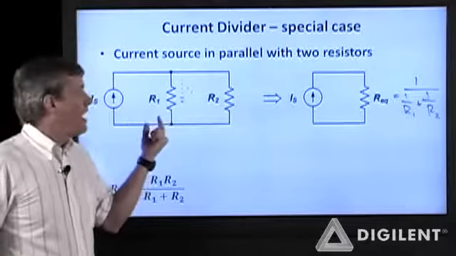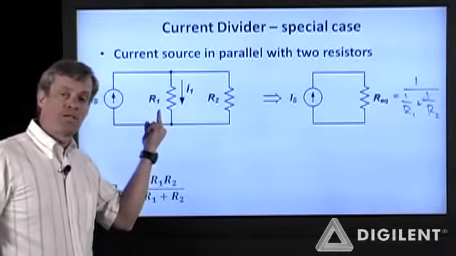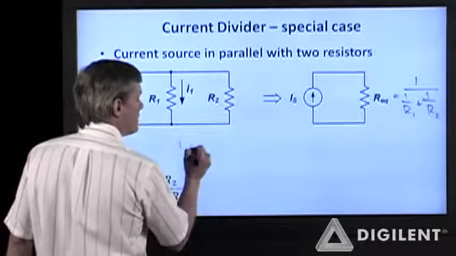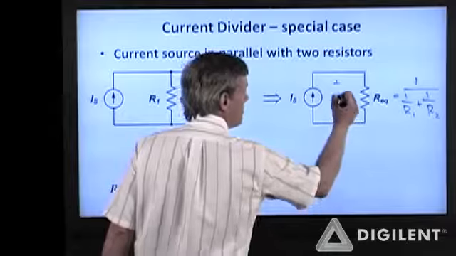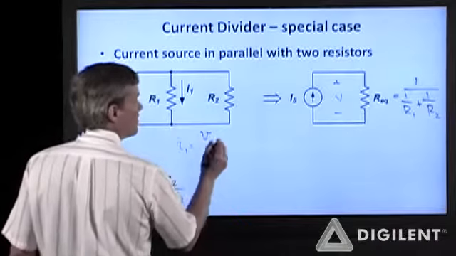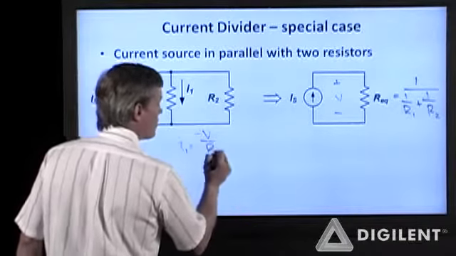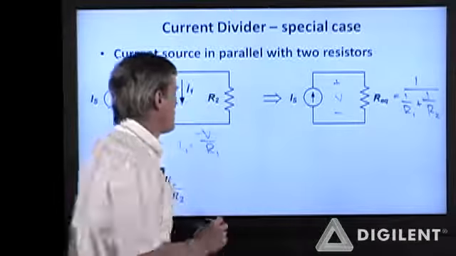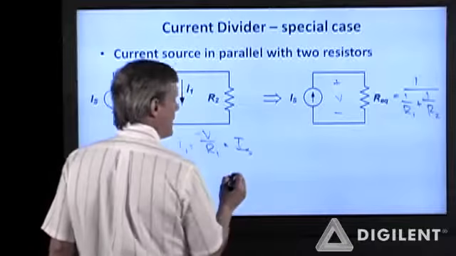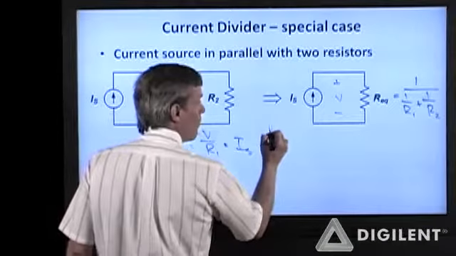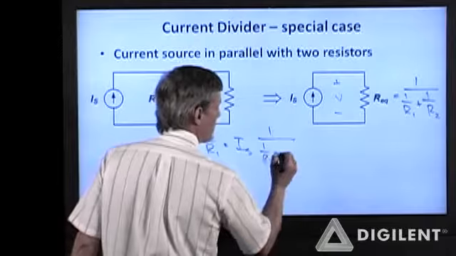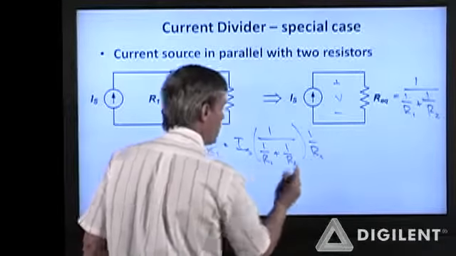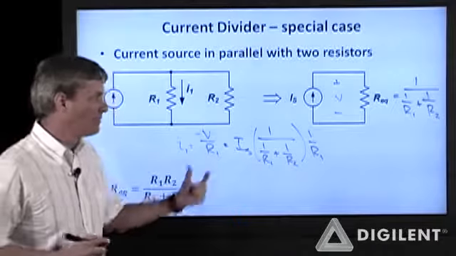Now, if we want to find the current through resistor R1, I1 is the voltage difference V over R1. This voltage is this current times Req. That is I sub S times 1 over R1 plus 1 over R2 times 1 over R1.